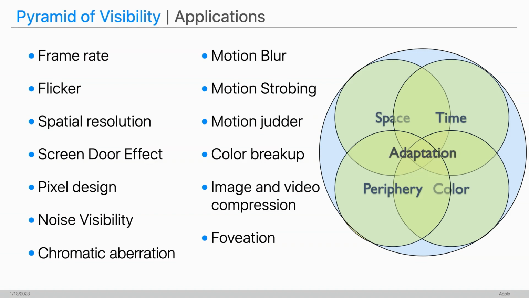And basically the pyramid of visibility is trying to capture these dimensions of space, time, peripheral vision, color, and to do that all within the context of light adaptation. And to do it in a simple, structured way that can be easily applied to engineering problems.